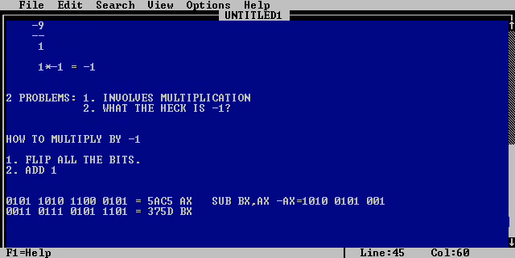Then 0, 0, 1, 1. And then 1, 0, 1, 0. And then we got to add 1. And that is minus AX. If you work that out, that is A53B.